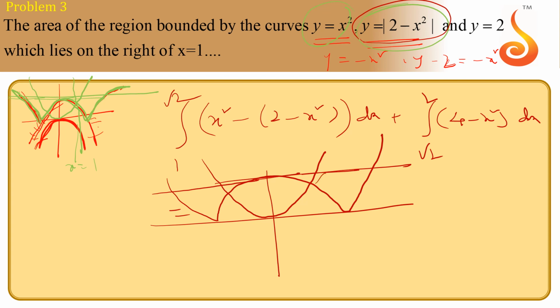So this is the area I want. This part is y equals x square. This part is y equals mod of 2 minus x square. And the line y equals 2. This is y equals 2. And the right side of x equals 1. So 1 to root 2. Root 2 to 2.